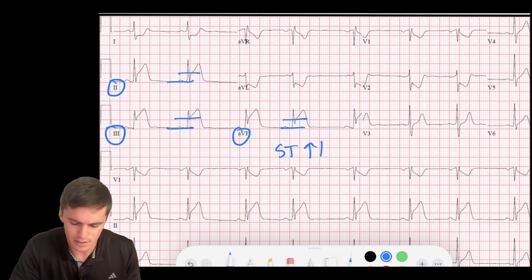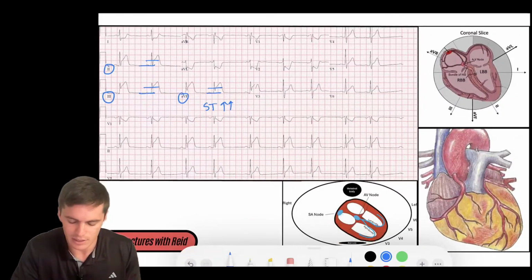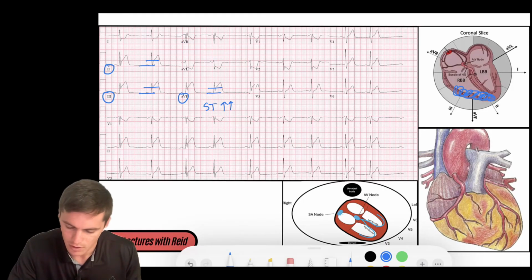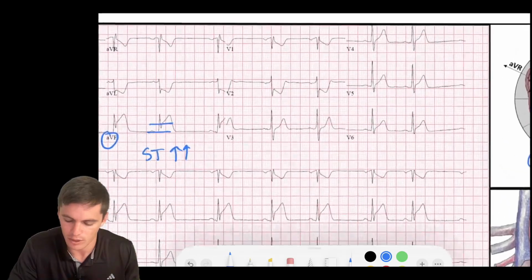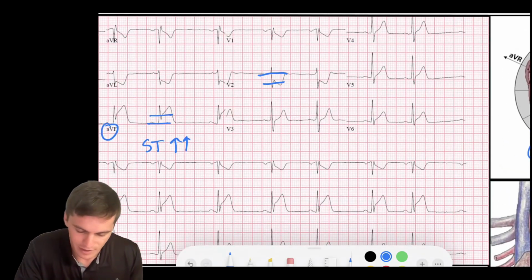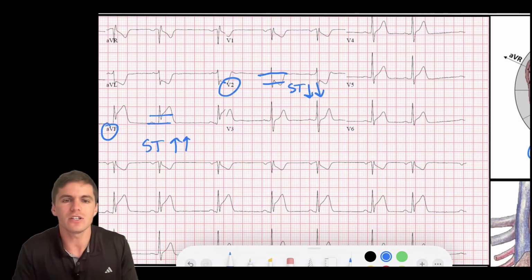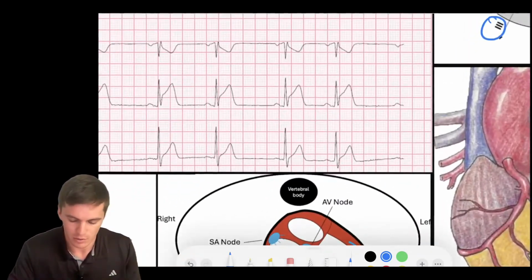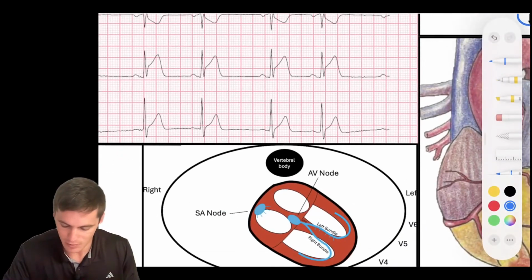We've got ST elevation in leads 2, 3, and AVF, which are representing the inferior myocardium. Look, we've got ST depression focally in lead V2, which tells me that that might be a reciprocal change because there might actually be posterior involvement.